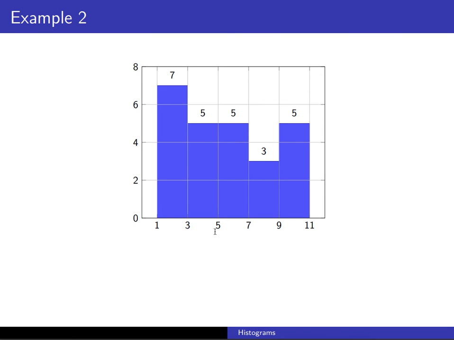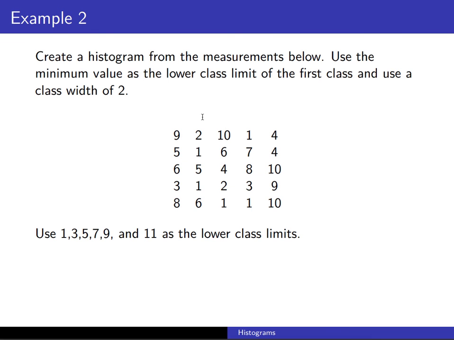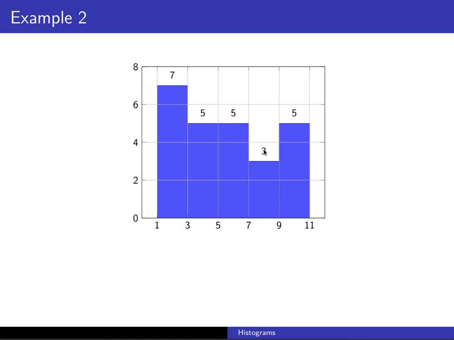Greater than or equal to 3 but less than 5, or 3 or 4 in our case, we have 5 of those. So there's 1, 2, 3, 4, and 5 for our second class here. And then we get the frequencies for the third, fourth, and fifth class as well.